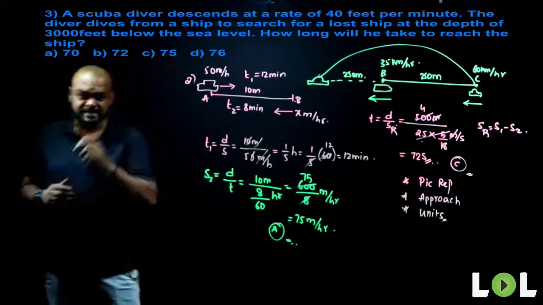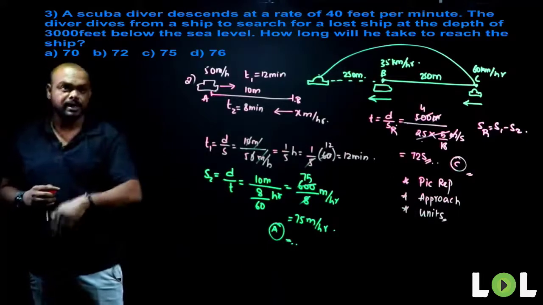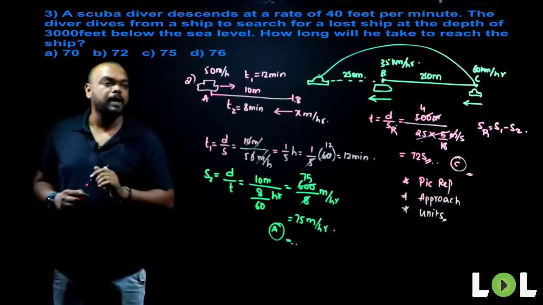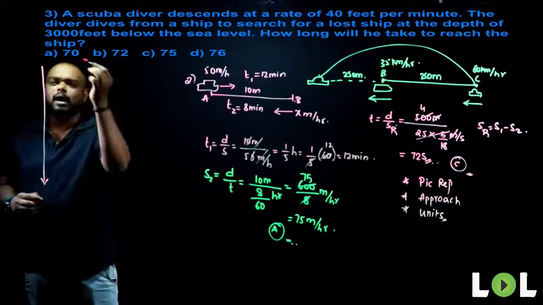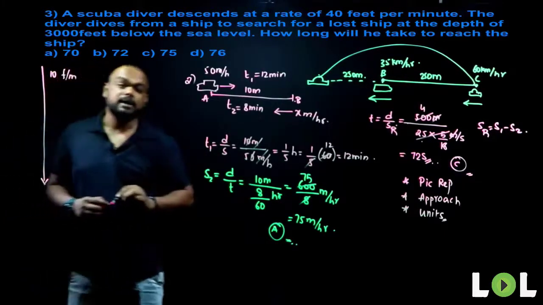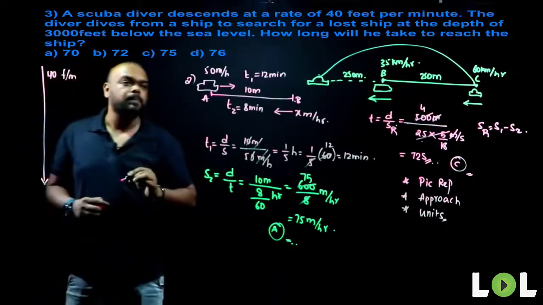Okay, let us understand the question properly. A scuba diver is descending at the rate of 40 feet per minute, in a river or a sea, anything.